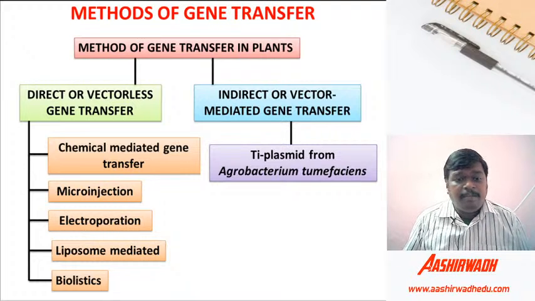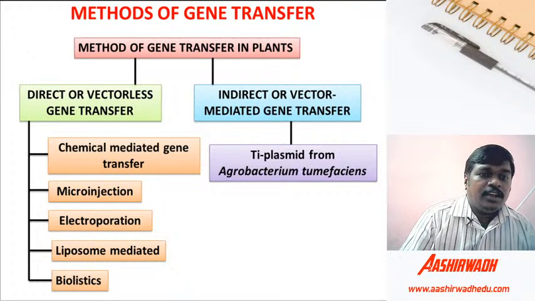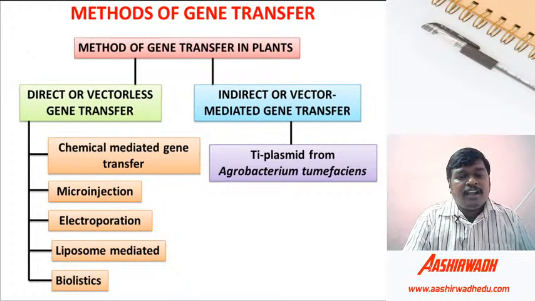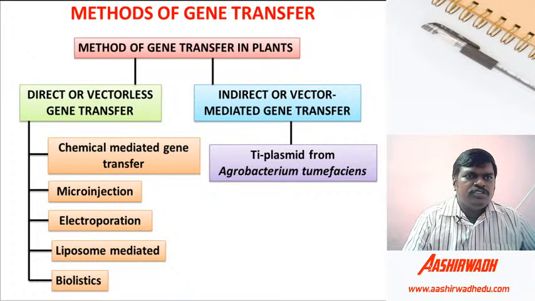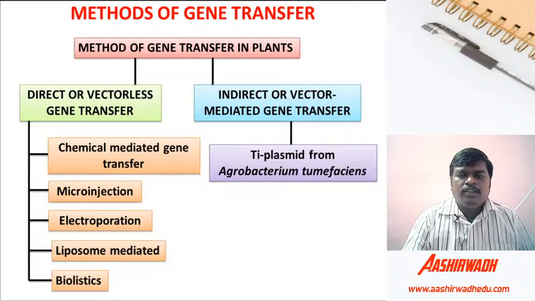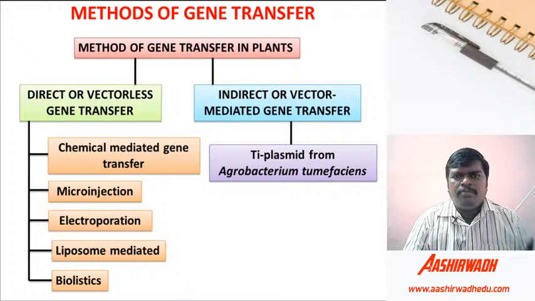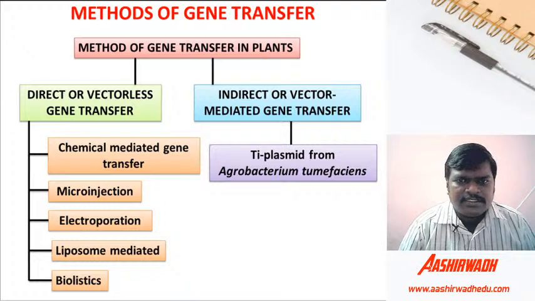In the second type, the indirect or vector mediated gene transfer, they are using Ti plasmids from Agrobacterium tumefaciens as vectors to transfer the recombinant DNA into the host cells.